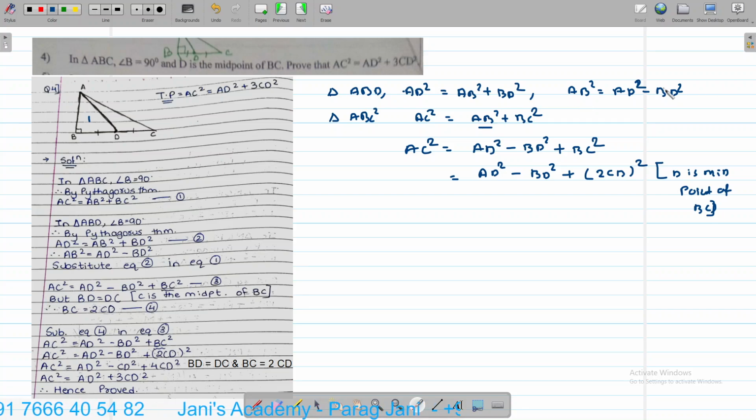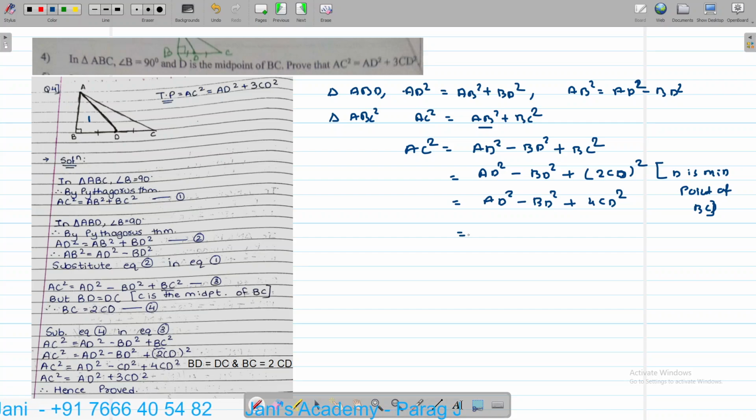Instead of AB square I'll write AD square minus BD square. Now BC square is what? BC is what? 2 times CD. So I'll write 2 times CD. So now you have to open this value. Now AD square minus BD square plus 4 CD square. Okay, because 2 CD I have opened it, 4 CD square.